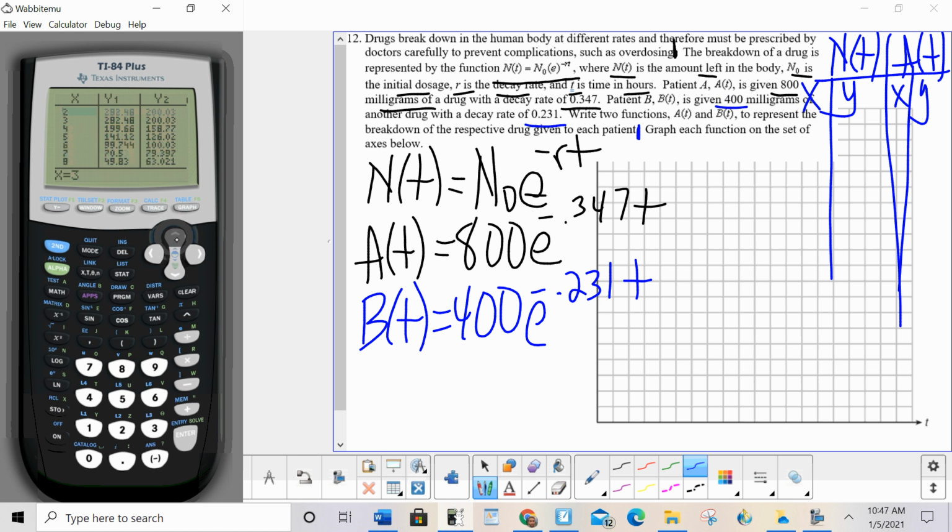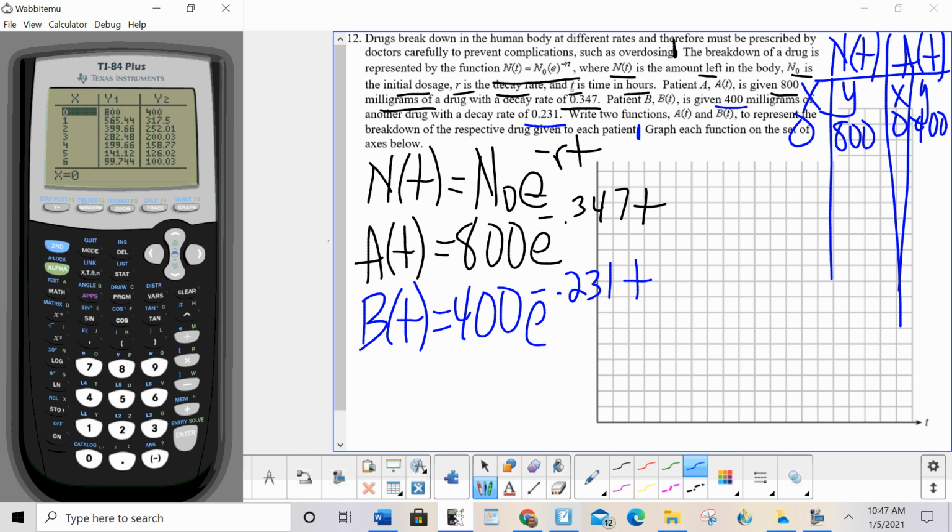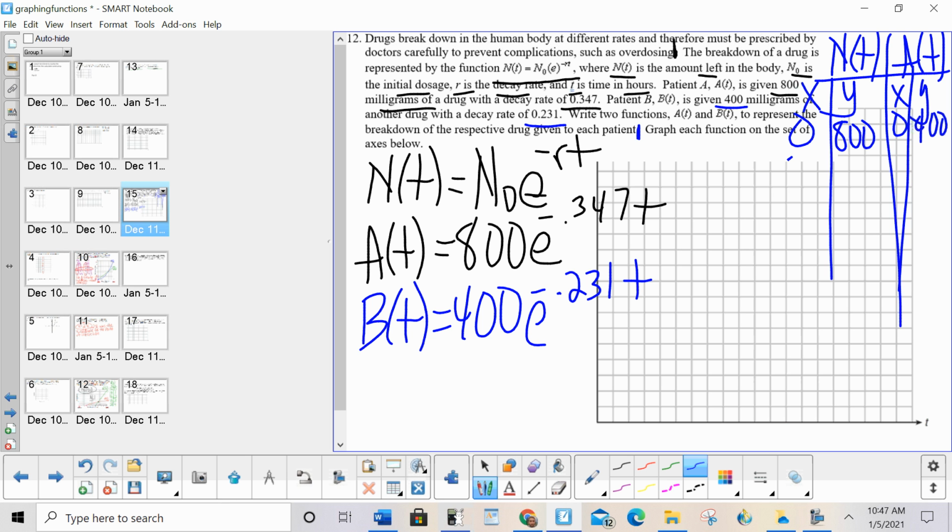So I'm just going to plot, I'll definitely do 0, 800 and 0, 400. And I'm just going to plot every other point. So I'll do 2, I'll round that to the nearest unit, 2, 400. I'll do 2, 4, 6, 8, 10.